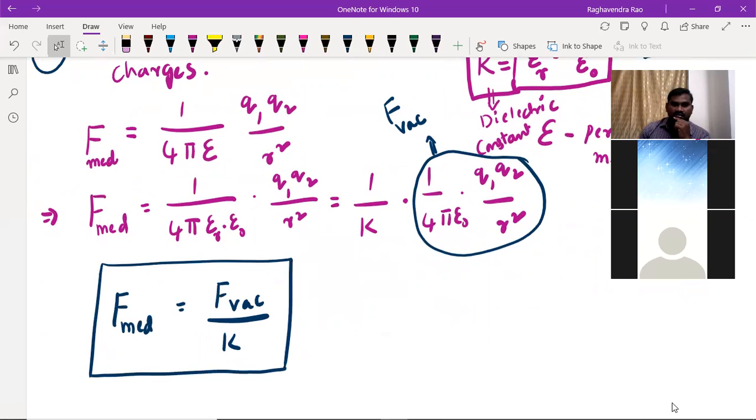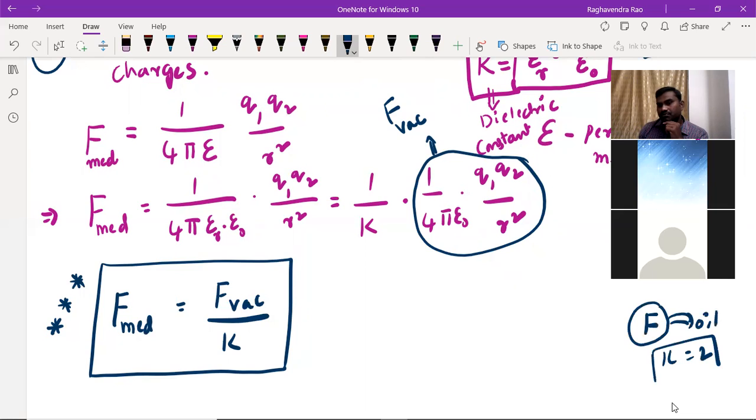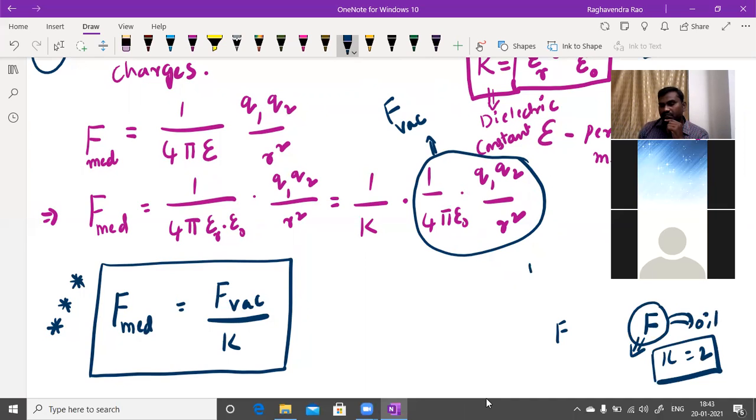Based on this, they asked a previous NEET question. Two charges are placed in vacuum and the force between them is F. Now these two charges are placed in oil of dielectric constant K equal to 2. What is the force F dash?